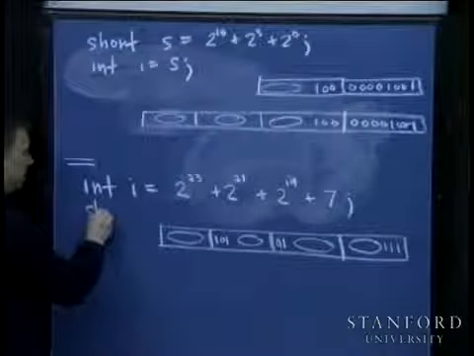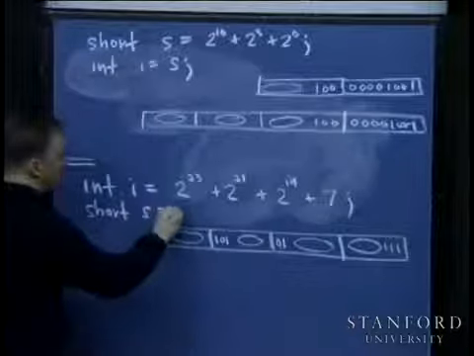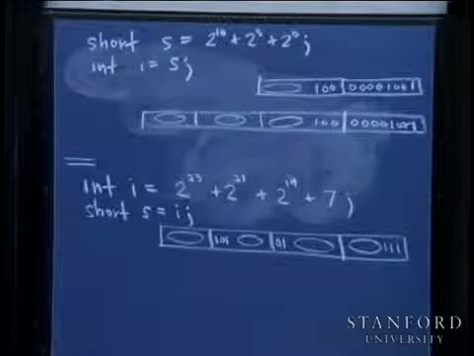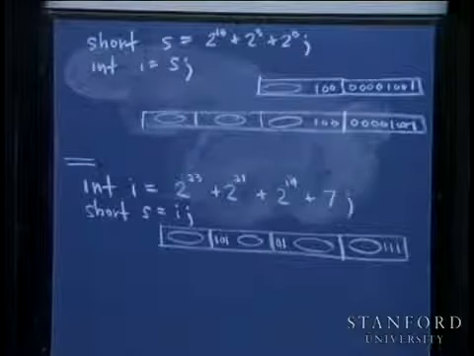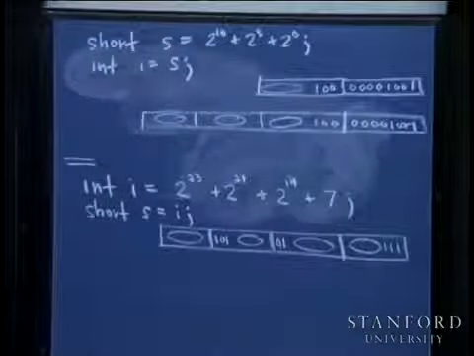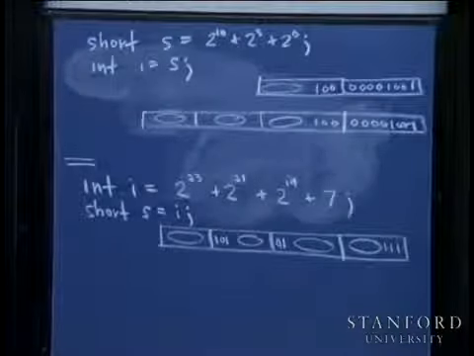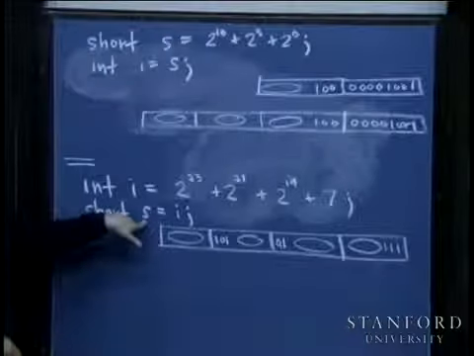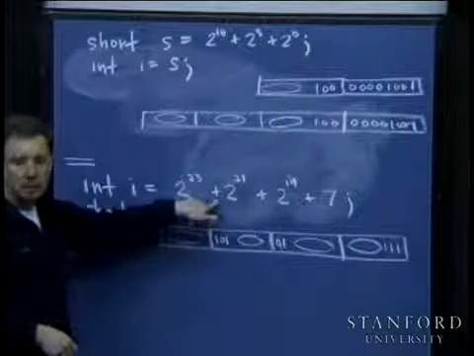I go ahead and I set short s equal to i. You could argue that, wow, that number's so big it's not going to fit in the short. And so you might argue, well, maybe we should try and come as close as possible and make s the biggest number it can be, so it can try really hard to look like this number.